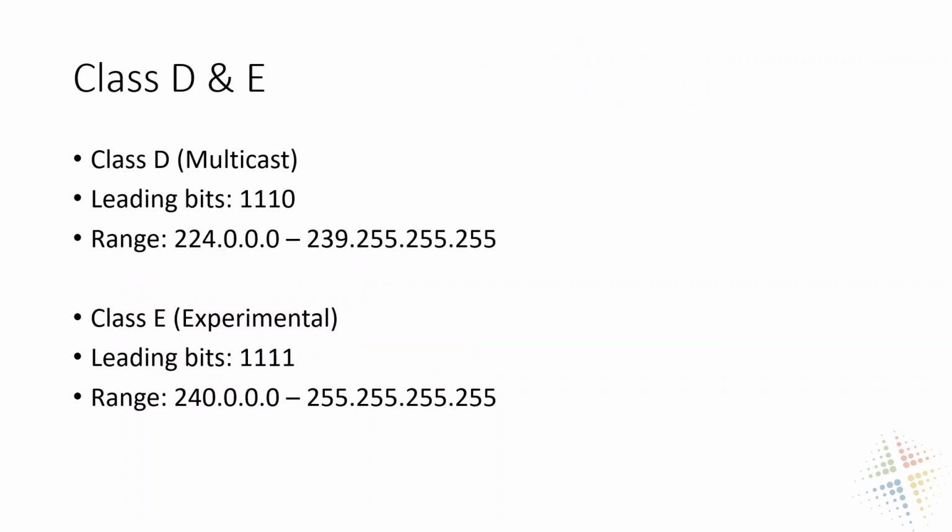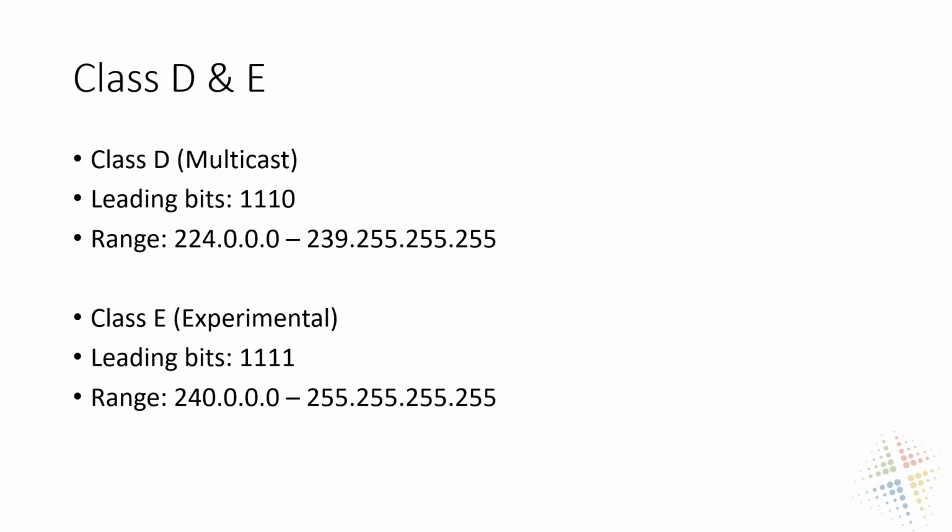Then we could talk about classes D and E. Class D and E are unique cases. Class D is a multicast address. Multicast addressing is a way of saying I want to talk to more than one person at a time.